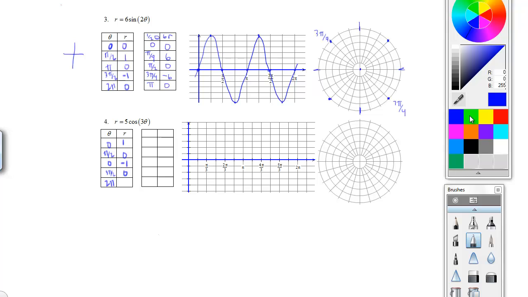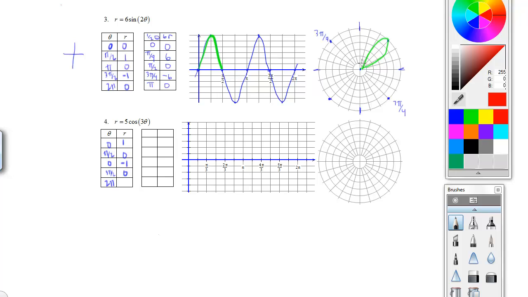So first let's grab a new color here, and this part here starts at 0, goes out to pi over 4, and back to 0 again by the time you get to pi over 2. So right here, as I start off, I'm right at 0, and then I go out to pi over 4, out to 6, and then back to 0 again. And then this part here, when the angle is headed toward pi over 2, I'm actually going negative.